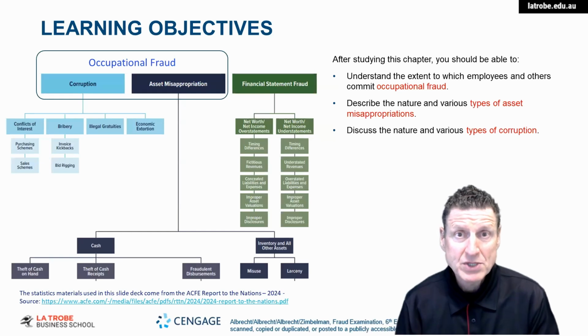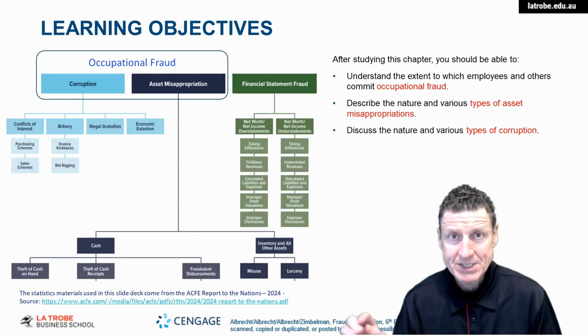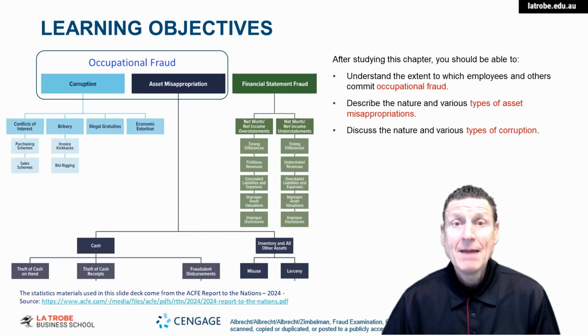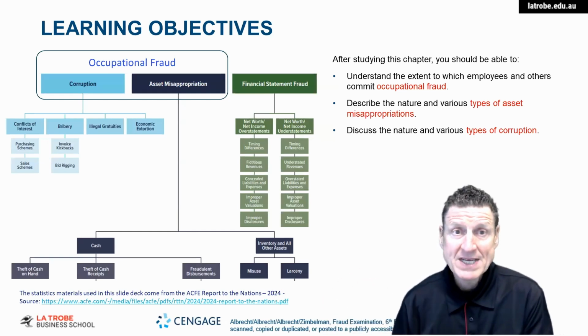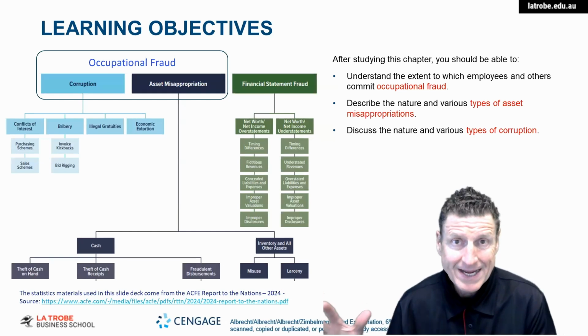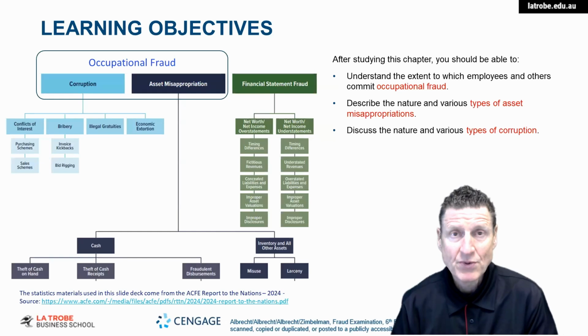The previous learning modules looked at fraud on behalf of organizations, against shareholders and other external stakeholders. Basically, this framework is the best way of delineating the classifications of occupational fraud from fraud on behalf of the organization, that is, financial statement fraud.